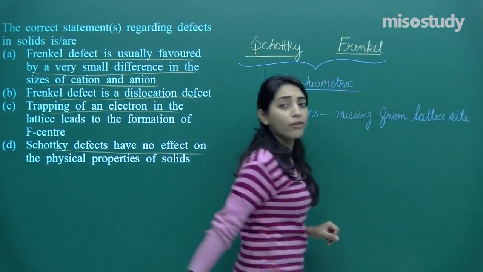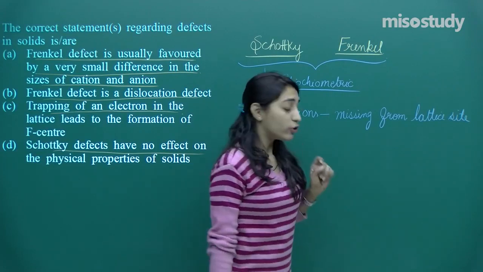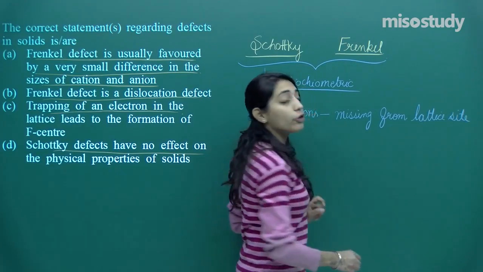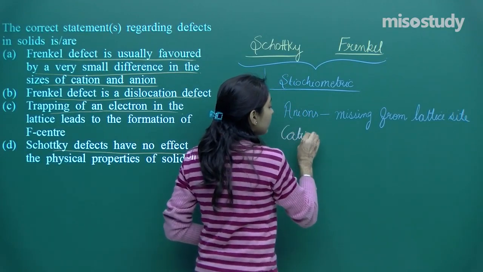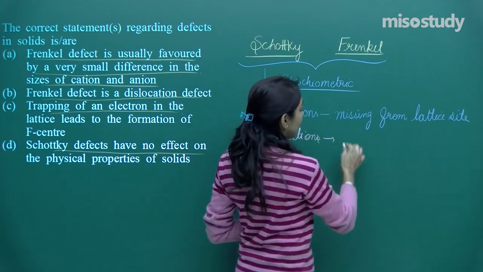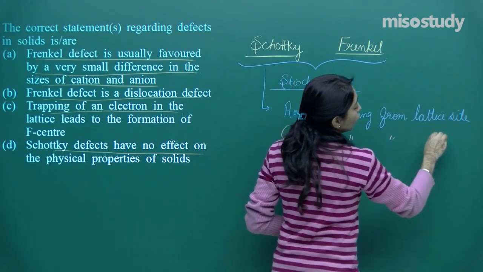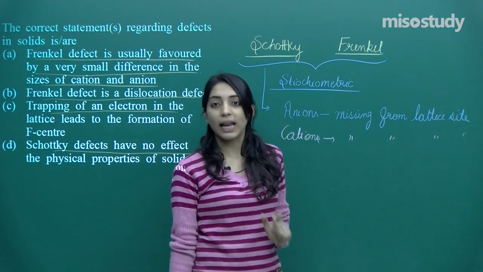But then the anions are missing, so cations will be more in amount. So in order to maintain electrical neutrality in the system, we say that the cations also will be missing from their lattice site, or you can say that they will be forced to leave their lattice site.